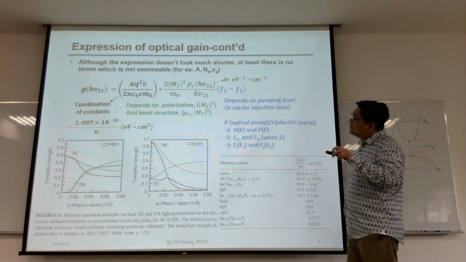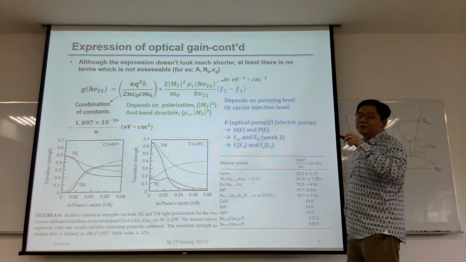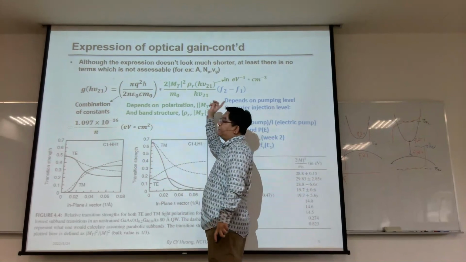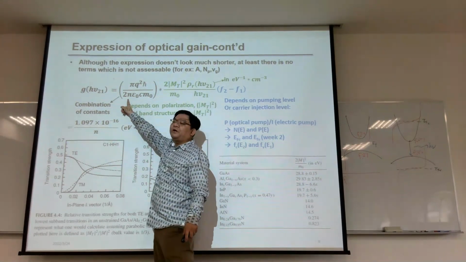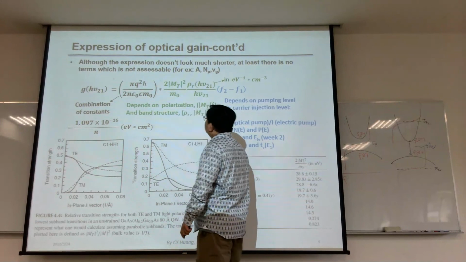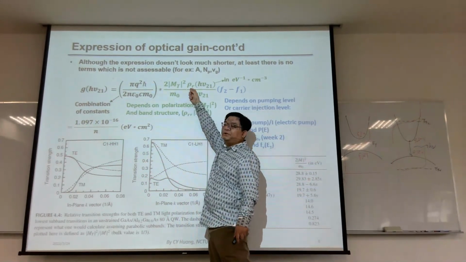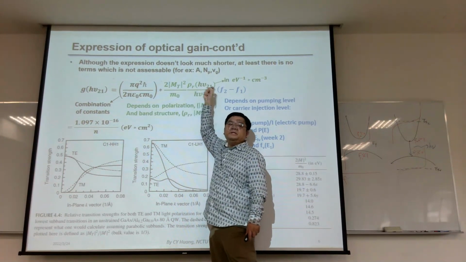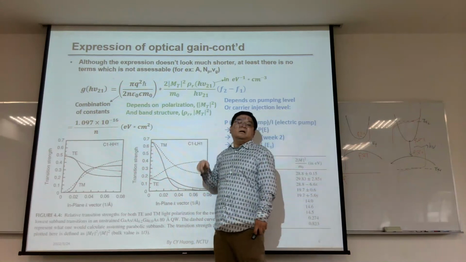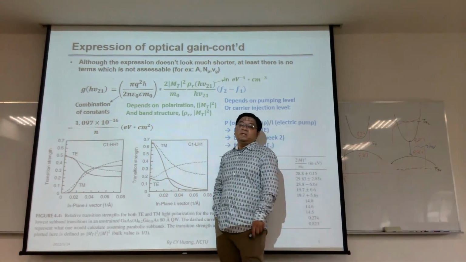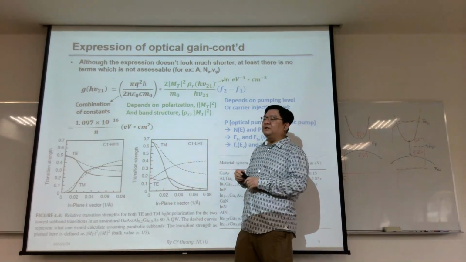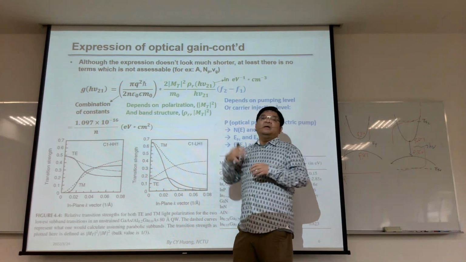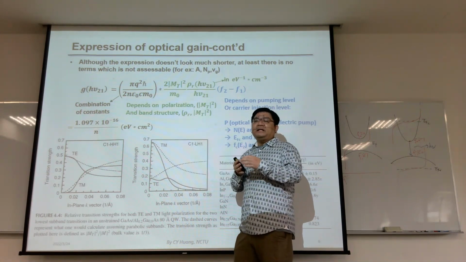Why? Because most of these terms are common constants. What might change from material to material? First, the refractive index. Second, the reduced density of states, which is most relevant to the effective mass of the carriers. The density of states is low in gallium arsenide but quite high in gallium nitride, but that doesn't change very far.